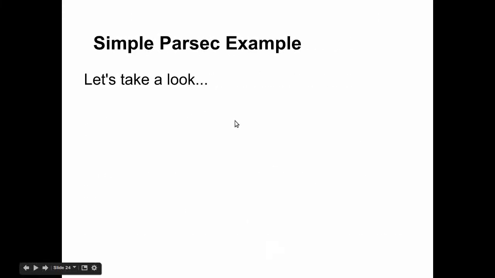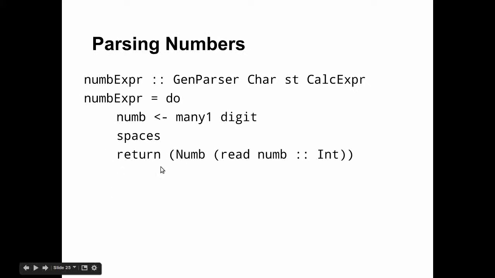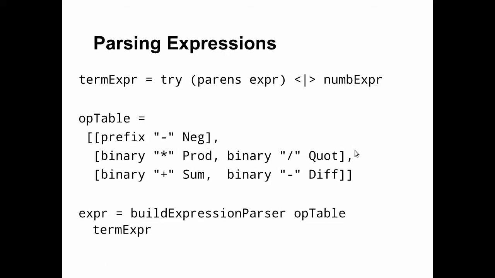And as a value, we save the digits in this variable num, and then we evaluate those as an integer value and return it. So this piece of the parser has a value equal to the numeric value of the number.